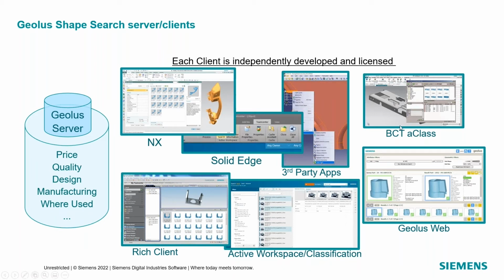And over here, we've got a third-party partner called BCT, who are responsible for A-Class. They also have Shape Search in their product. And so we do make Geolus available on a level playing field to any software vendor.